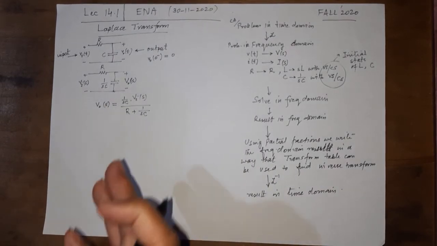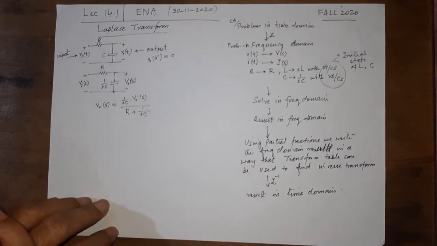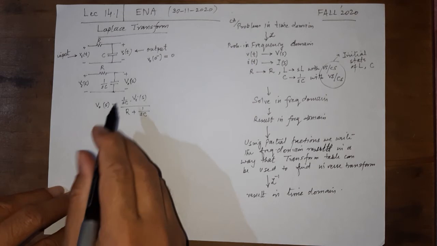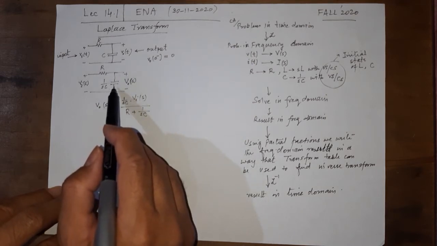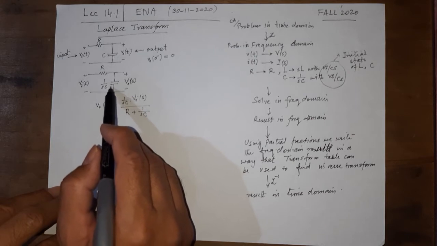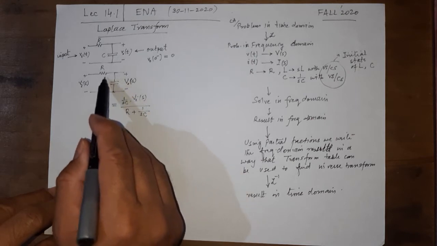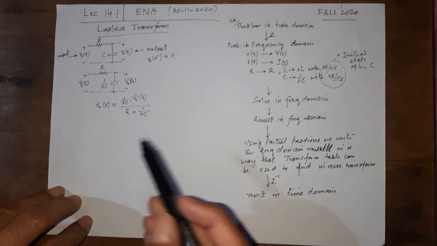So we can very easily see that this is going to be the expression for the output in frequency domain. Because there was no initial voltage on the capacitor, we don't put any voltage source in series or a current source in parallel. That depends on the initial conditions.